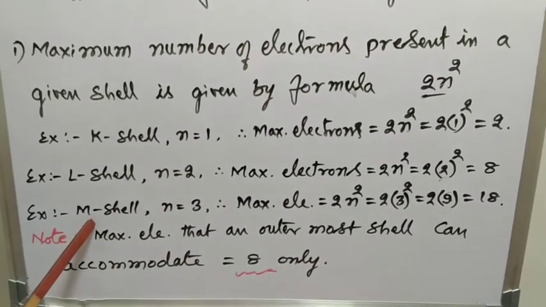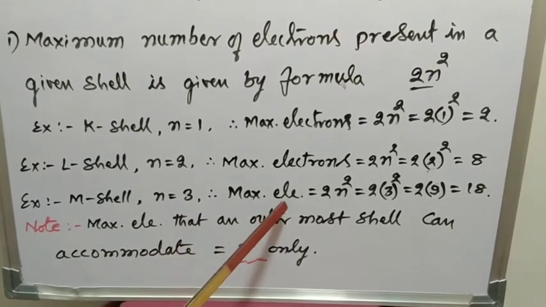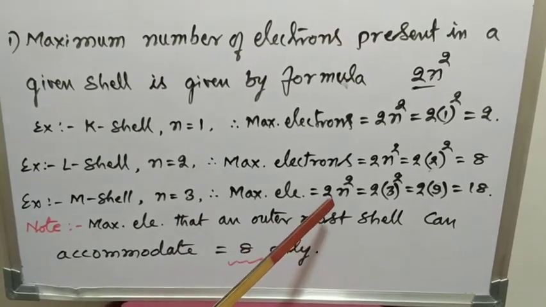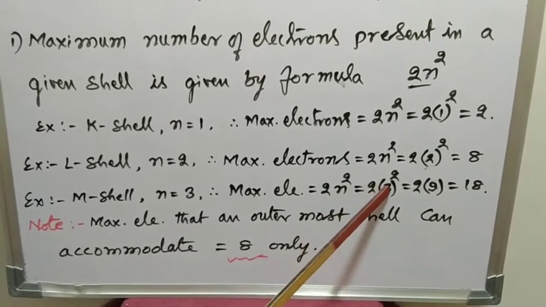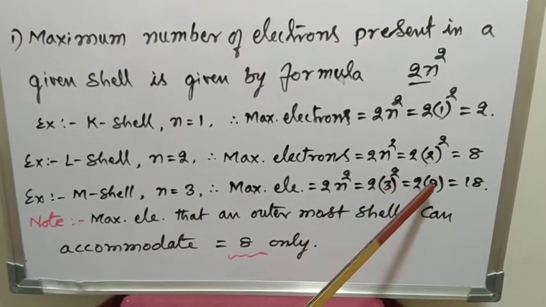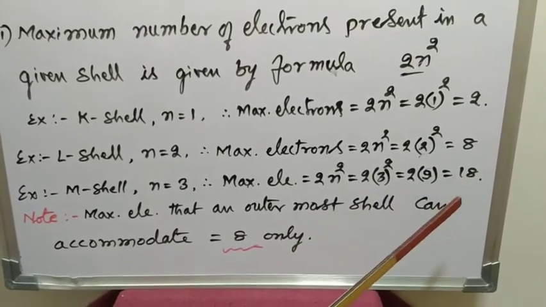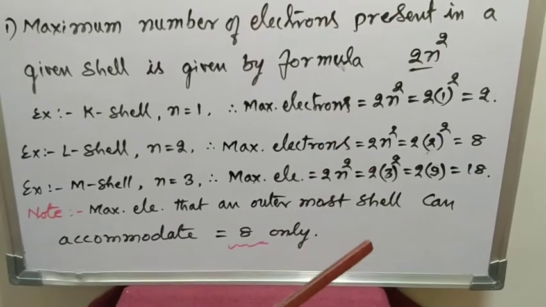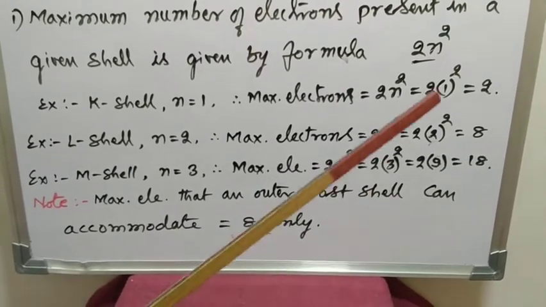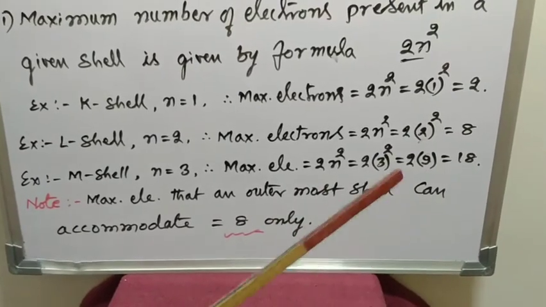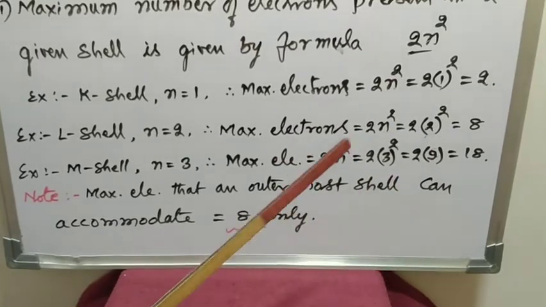Come to this M shell. This is third shell. Maximum electrons we can calculate 2n square, 2 into 3 square. So 3 square is 9. 2 into 9, that is equal to 18. So all elements can accommodate 18 electrons in the third shell, that is third energy level.